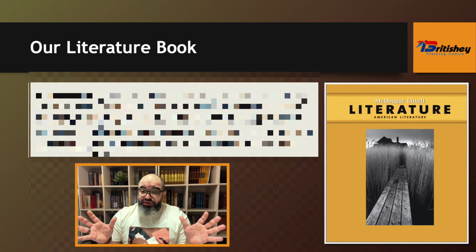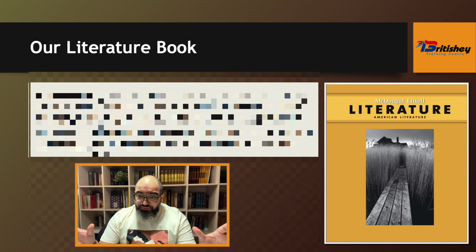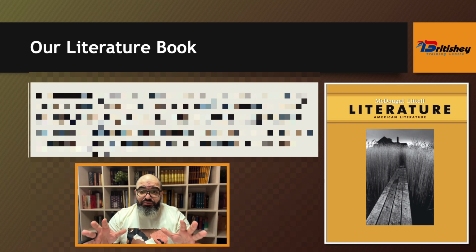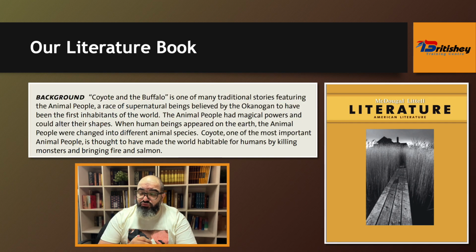The animal people had magical powers and could alter their shapes. When human beings appeared on the earth, the animal people would change into different animal species. Coyote, one of the most important animal people, is thought to have made the world habitable for humans by killing monsters and bringing fire and salmon. Okay, right?